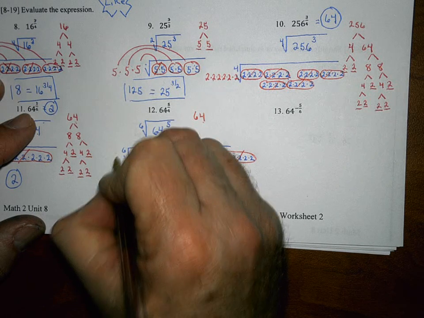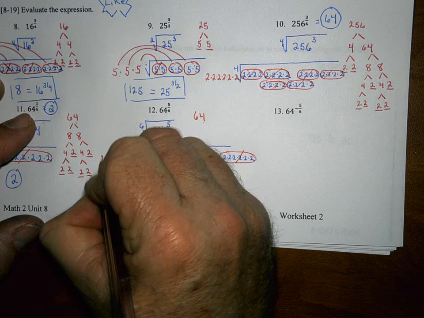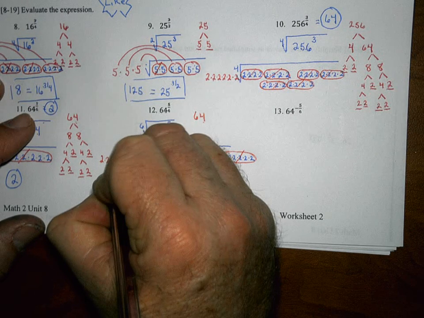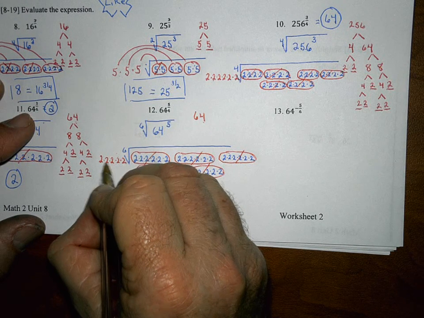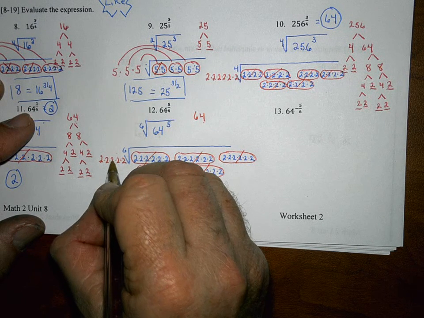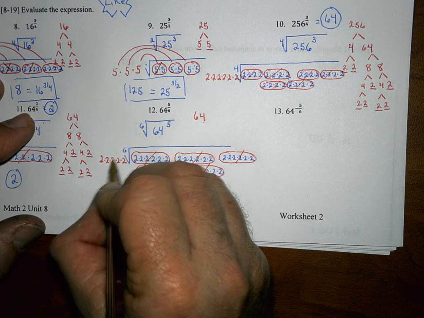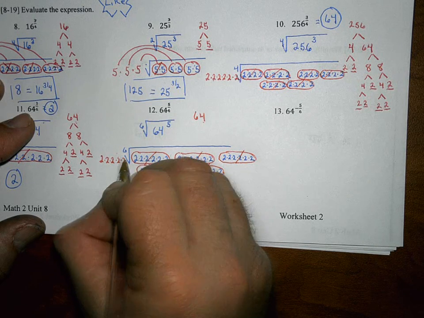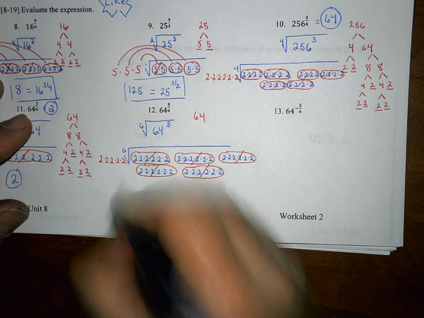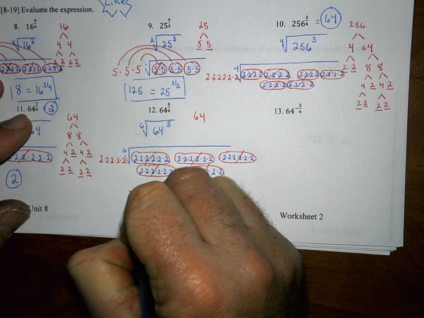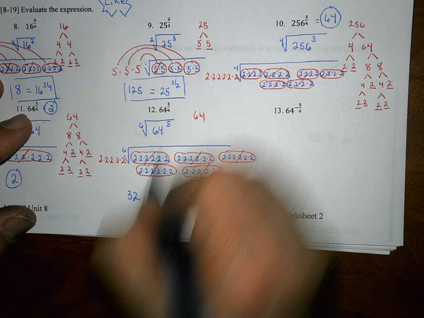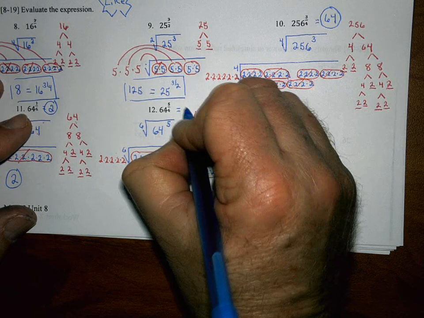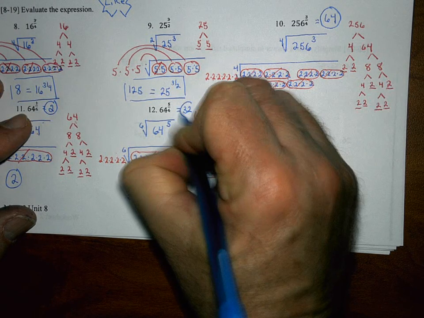So on the outside of the radical, I have 5 2's. I multiply those together. 2 times 2 is 4, times 2 is 8, 8 times 2 is 16, 16 times 2 is 32. So I'm going to have a 32, and if there's no numbers left over, I drop the radical. So that is my answer to number 12, 32, for 64 to the 5/6 power.